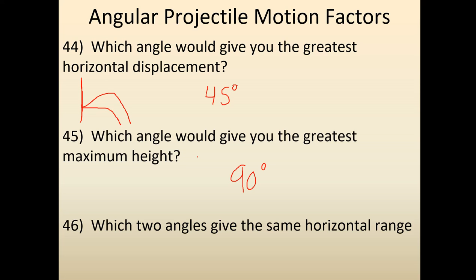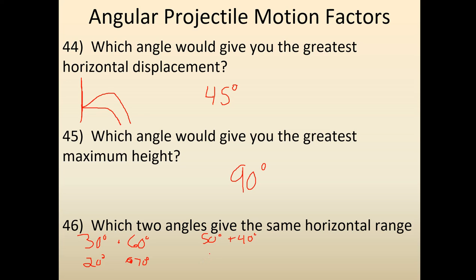46, so what two angles will give the same horizontal range? There are multiple answers for this. So 30 degrees and 60 will give you the same range. 20 and 70 give you the same range. 50 and 40 give you the same range, and so on and so on.